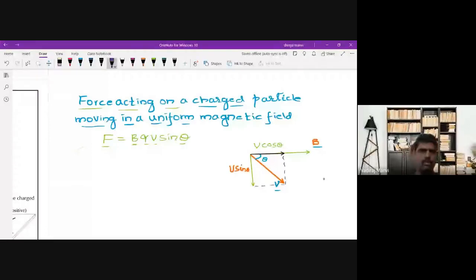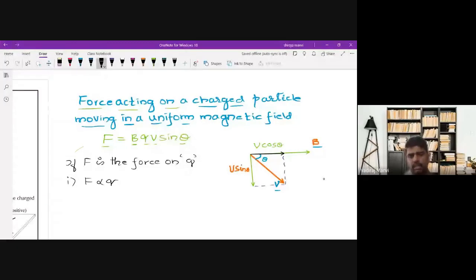Now, if F is the force acting on the charged particle Q, experimentally it is found that F is proportional to Q. So they observed that the force experienced by this charged particle depends on the magnitude of charge.